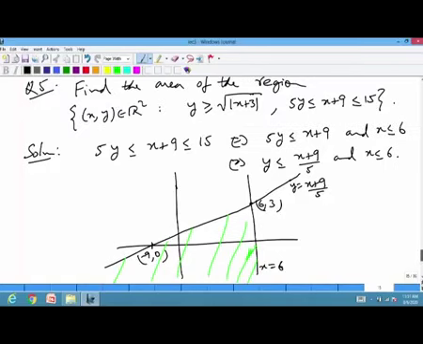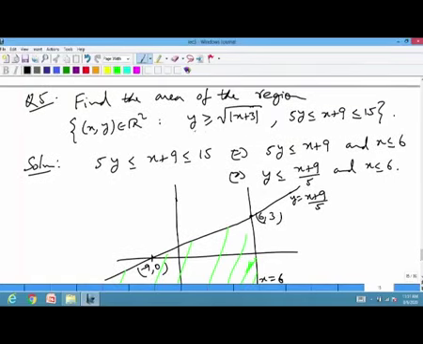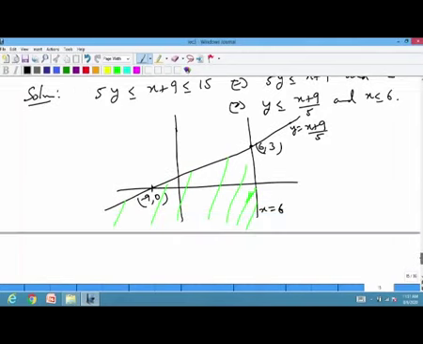Also, we have to see this restriction that y is greater than or equal to square root of mod x plus 3. So, this part is the region 5y less than or equal to x plus 9 less than or equal to 15.